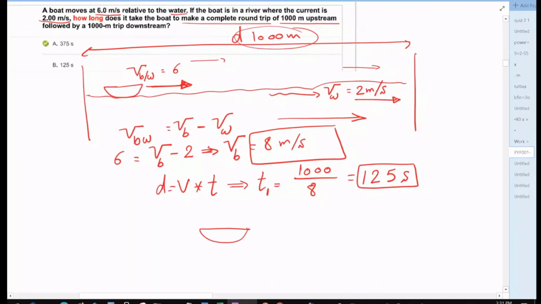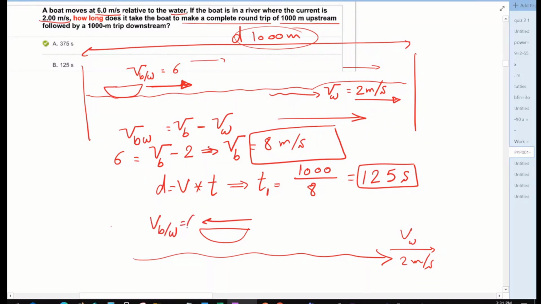So when the boat goes back, we know the current is to the right, 2 meters per second. So that's V water. And V boat relative to water is 6. It does not change, but the direction here changes. So what's V boat? The same situation.